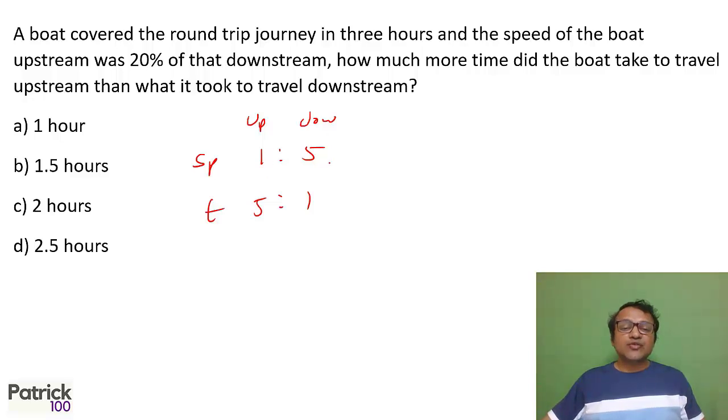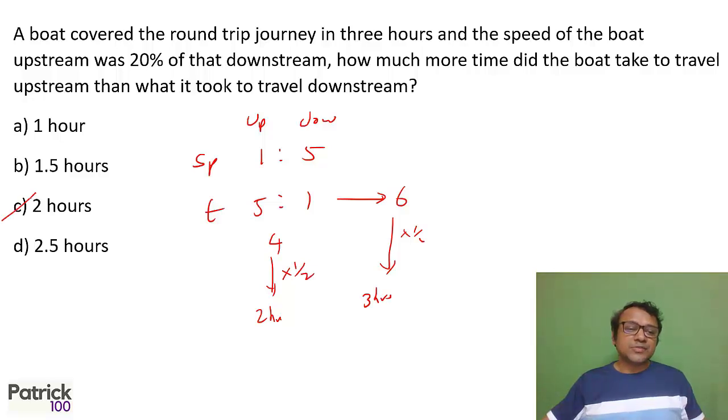The ratio of speed is 1:5, so the ratio of time is 5:1. Total time is 5 plus 1, 6, and the difference in time is 5 minus 1, 4. If 6 stands for 3 hours, then 4 will stand for 2 hours. So you will get the answer as 2 hours, option C. Use the proportionality concept. It helps you be faster.